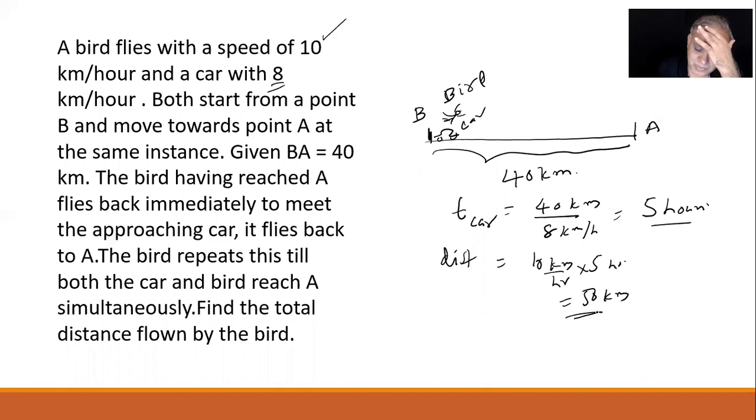So I'm using the idea of distance here, not displacement. Actually the total distance is 40, but it's covering 50. Why? It's going there, coming back, going there, coming back. This is just to test you whether you have the idea of velocity and speed properly. So what is the other way you want to do? You tell me.